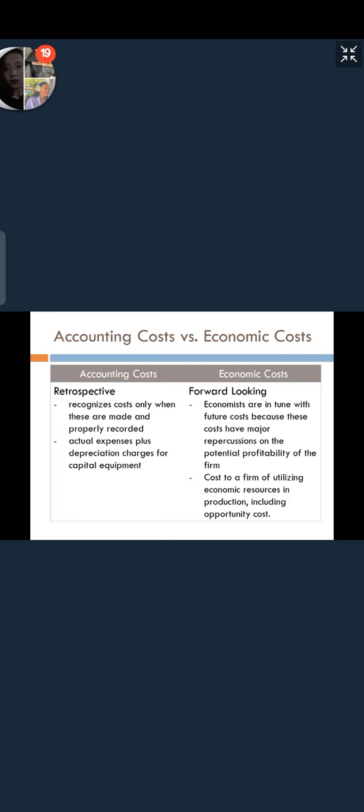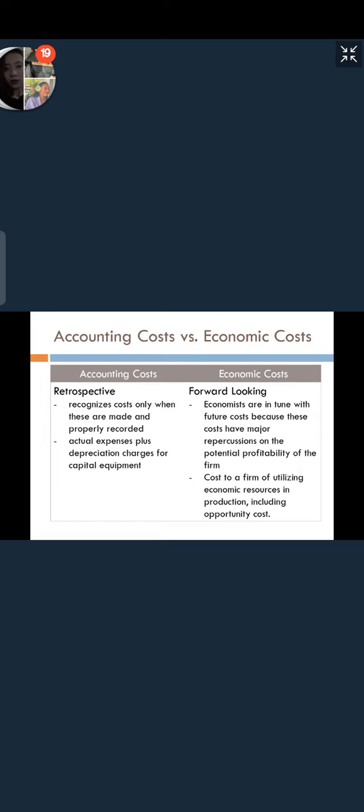But economic cost is more forward-looking. What does it mean? Assuming. Okay. So actually, in economics, we economists are assumers. We assume the future. That is why it is called forward-looking, because economists are in tune with future costs, because these costs have major repercussions on the potential profitability of the firm.